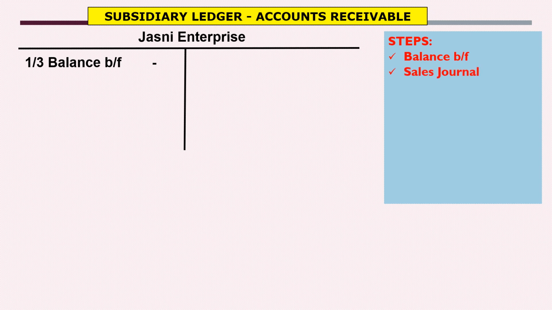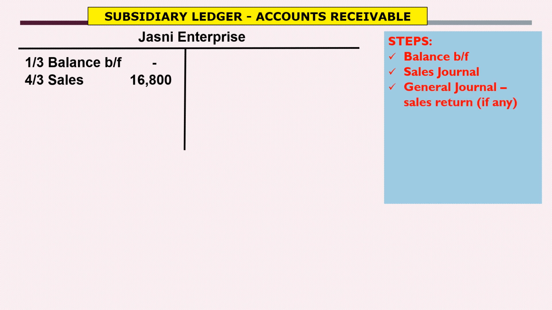Second step is to look at the sales journal, whether there is any sale to Dani Enterprise. We found just now that on 4th March there is a sale to Dani Enterprise amounting 16,800.